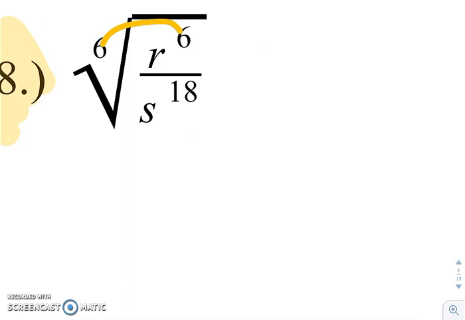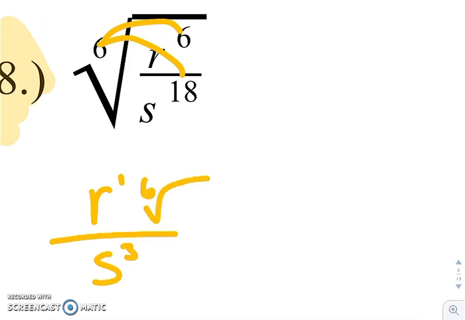Because that's the number of perfect 6th roots you would have then. Since it's just 1, r to the 1st. How many times does 6 go into 18? 3. So because they go in perfectly, there's nothing left to have underneath that 6th root. So we are done with this one.